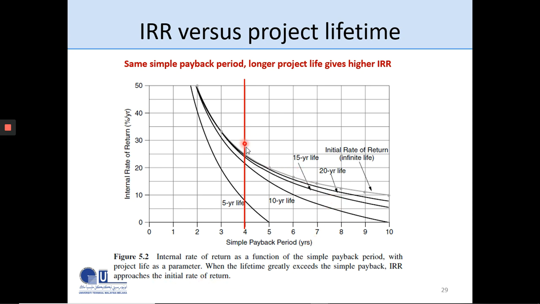So we have this, the gray line here represents the rate of return if the air conditioning, for example, lasts forever, which is of course impossible. But as you can see, the longer the air conditioning lasts, the closer you're going to get to your initial rate of return, which is good.